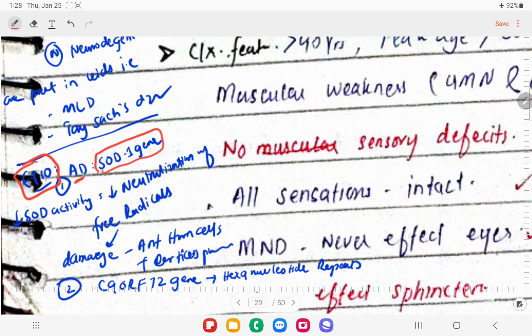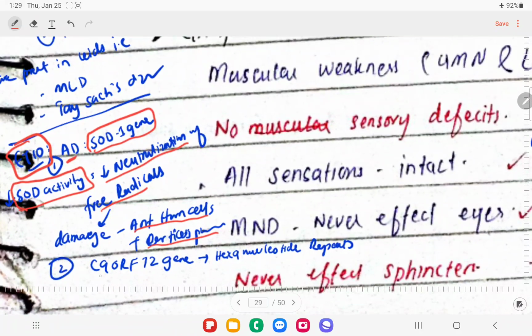Because of that mutation, there is decreased activity of superoxide dismutase, which actually neutralizes free radicals. So when there is decreased neutralization, free radicals are going to damage the anterior horn cells and the corticospinal pathways.